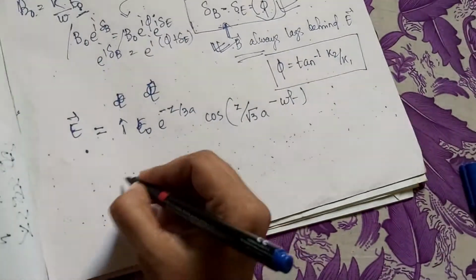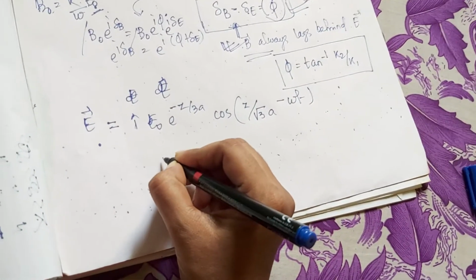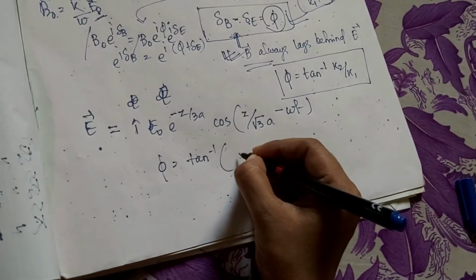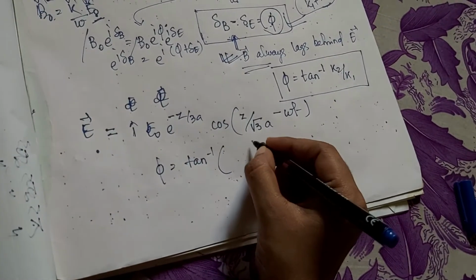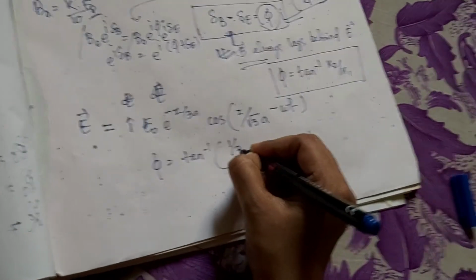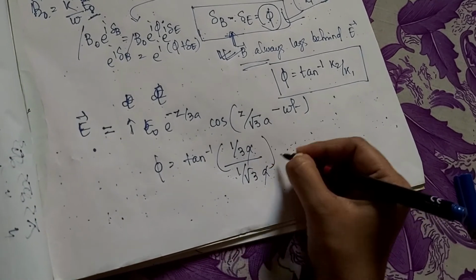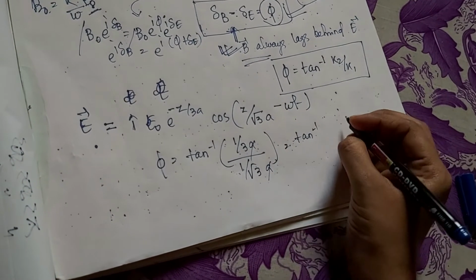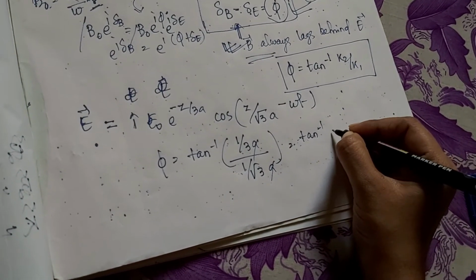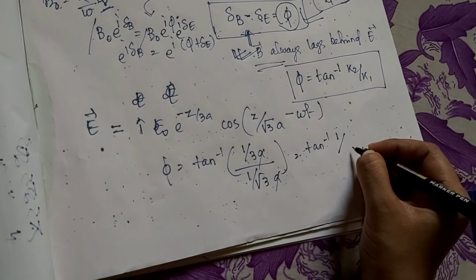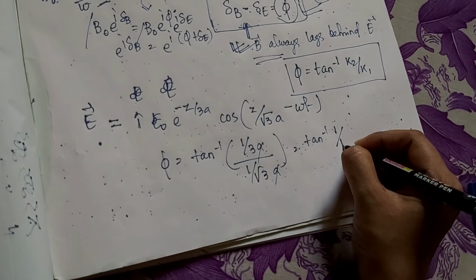So phi is equal to tan inverse K2 by K1, that becomes 1 by 3a divided by 1 by root 3a. So this gets cancelled out. We get tan inverse 1 by root 3.